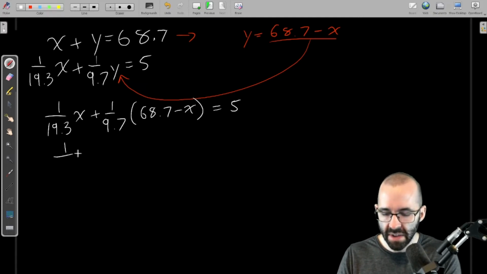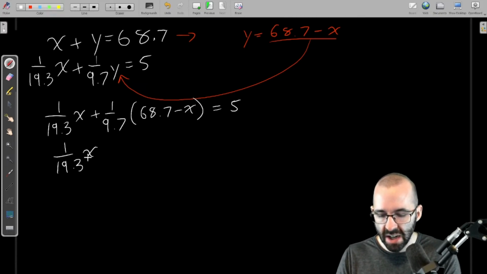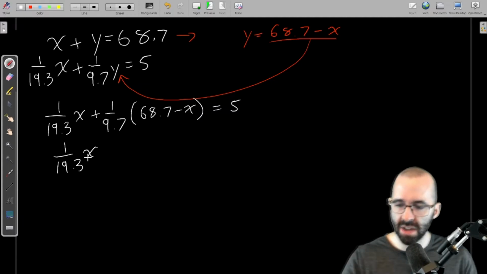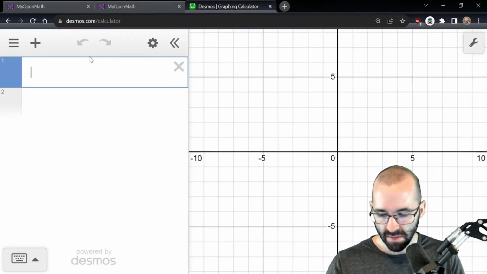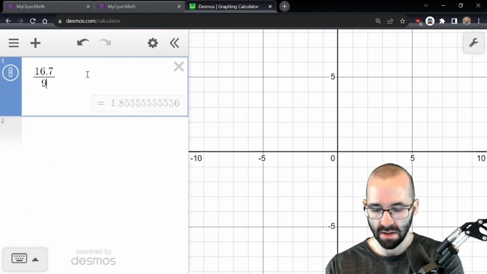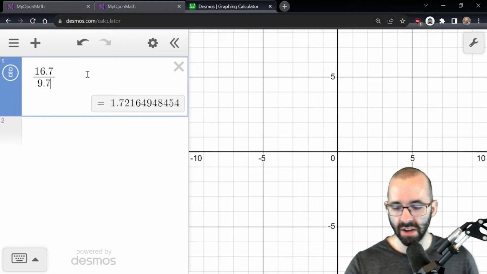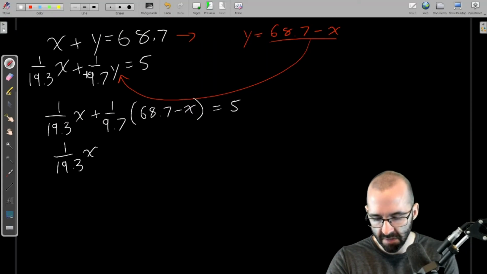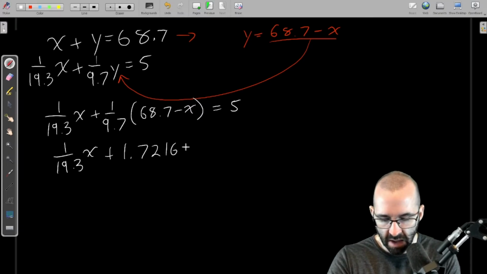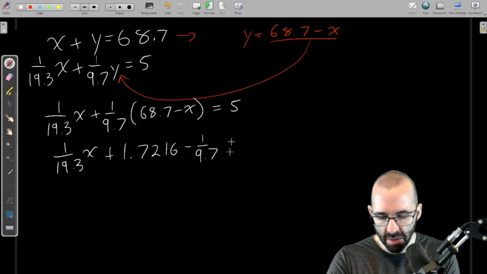And we'll simplify. 1 over 19.3 times x. When we distribute, what is 68.7 divided by 9.7? That's about, okay, we are going to approximate. I'm going to include 4 decimals here because I don't want to have a lot of rounding error. 7.0825. Minus 1 over 9.7 times x equals 5.